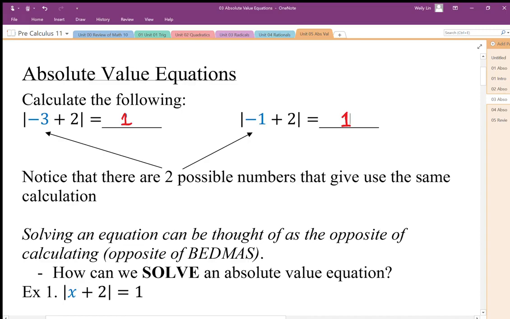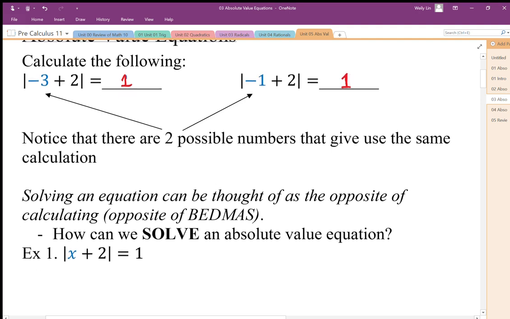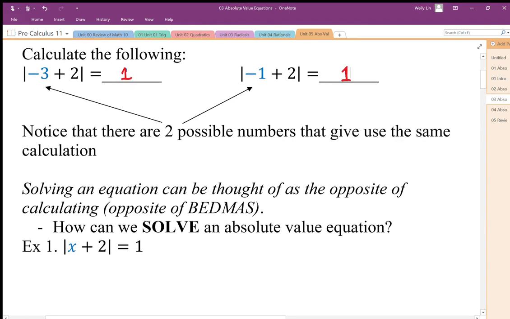Looking at the same situation, I'm going to change this into an equation that we need to solve. We have some number x plus 2, the absolute value, equals 1.